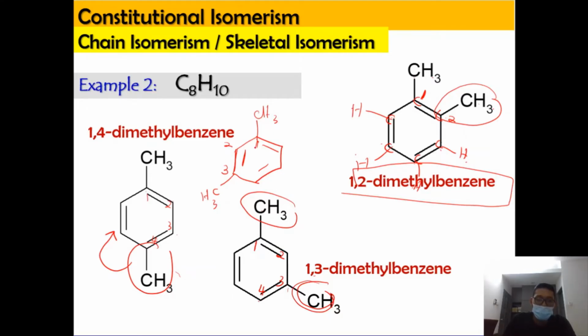You need to do the numbering which has the lowest combination. You will learn more about this, and also the naming, in the next chapter. But basically, as you can see here, this structure and this structure are the same. It's just been flipped over, and that is why we only draw it one time.